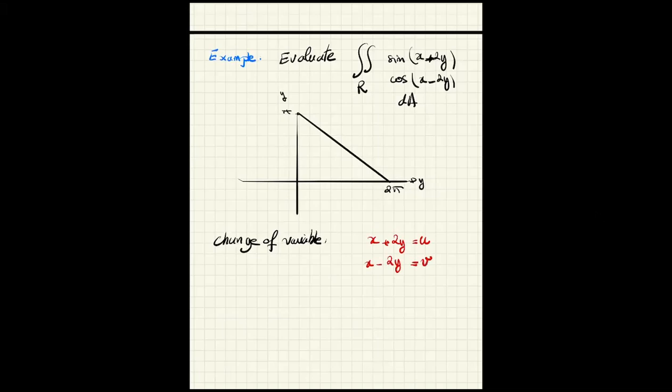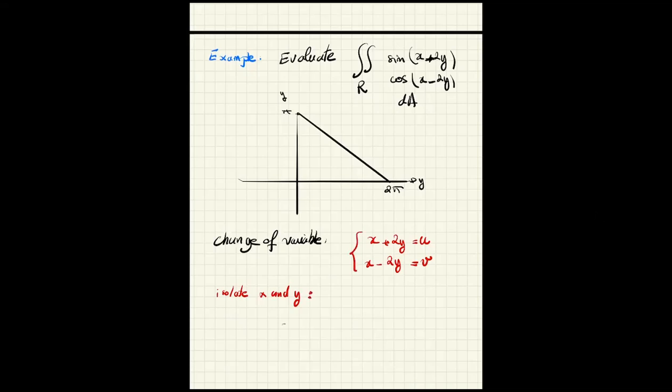Because if I have this, now we have to check the Jacobian, and the Jacobian here is not going to complicate the function. First of all, you have to isolate x and y, and check that the Jacobian is not going to make your function harder. Isolate x and y, because this is how you get the transformation from the UV plane to the XY plane. Not this one, this is not the right one.